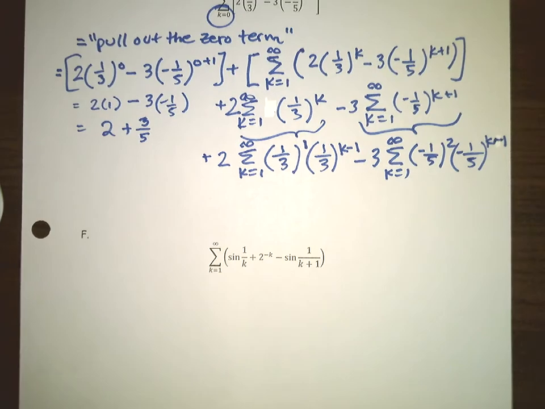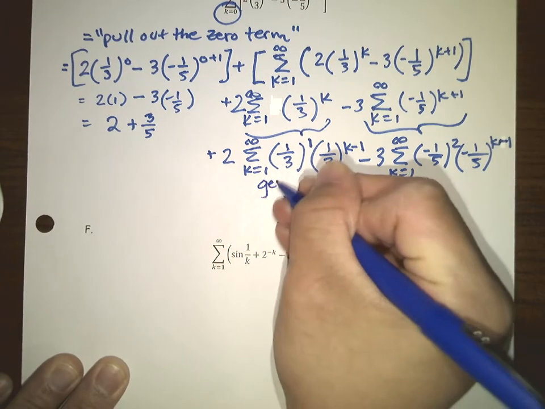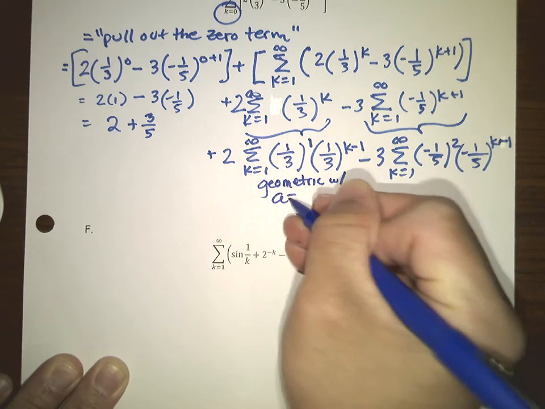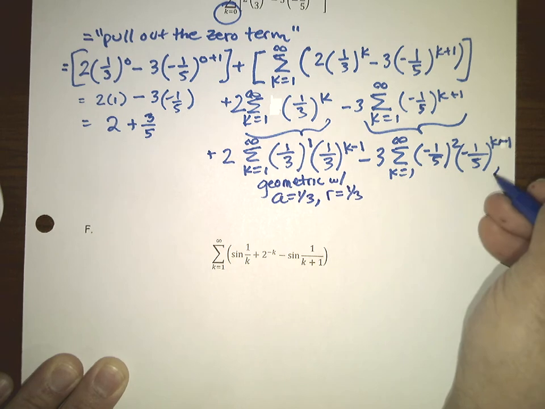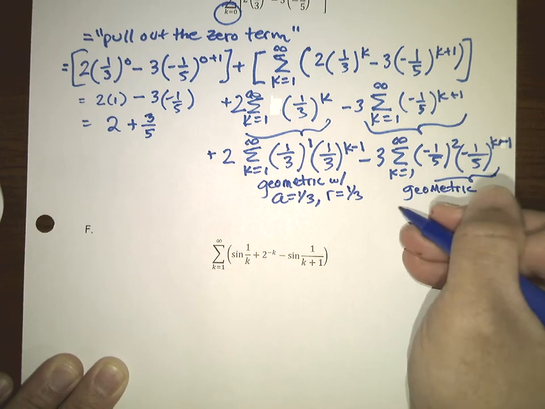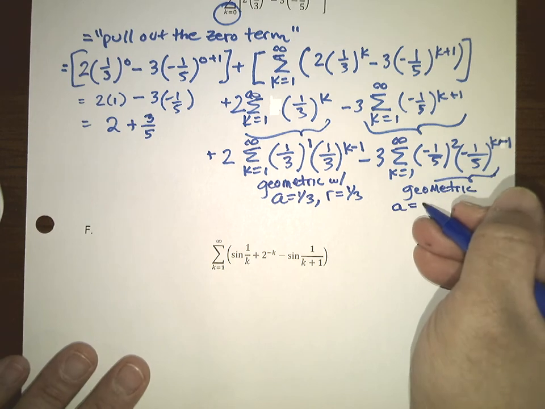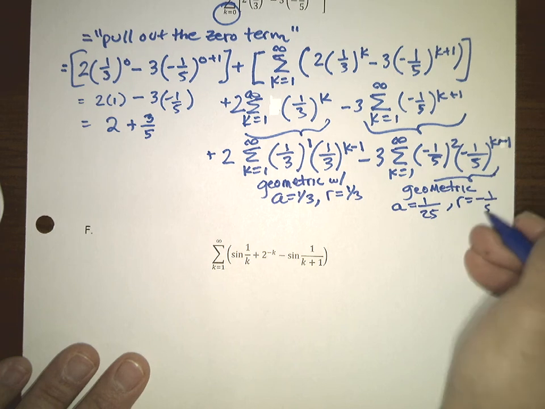So then I can check 2 plus k minus 1 is still k plus 1. All right, so now this is geometric with a is a third and r is a third, and this is geometric with a is, if I square the negative 1/5, 1/25, and r is negative 1/5.